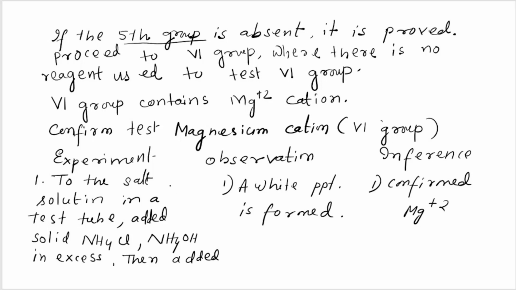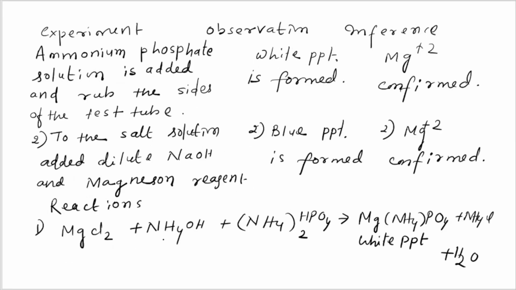Confirmatory test of the magnesium cation, Mg+2. To the salt solution in a test tube, add solid ammonium chloride and excess ammonium hydroxide. The important reagent with which you will get a white precipitate is ammonium phosphate solution.